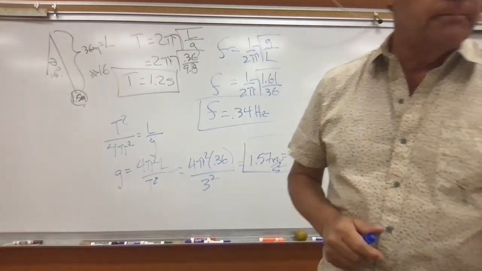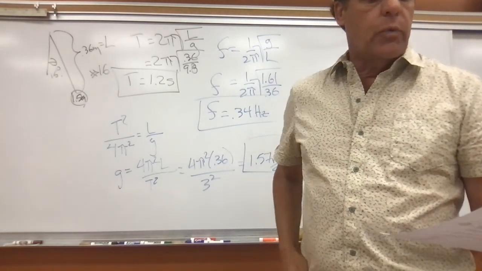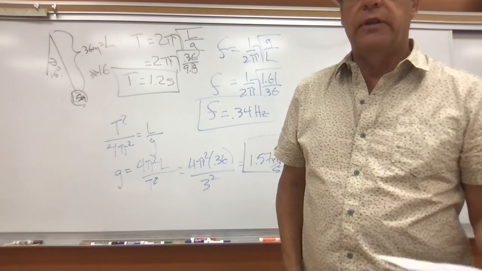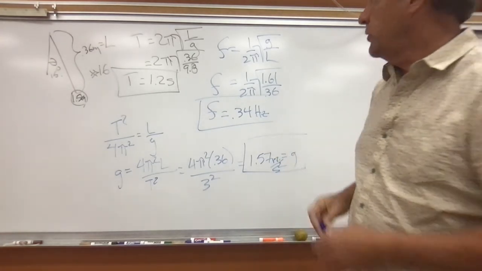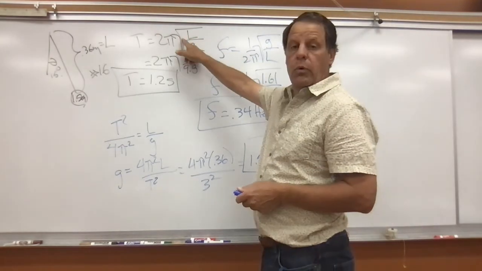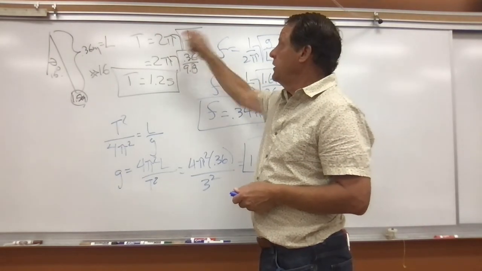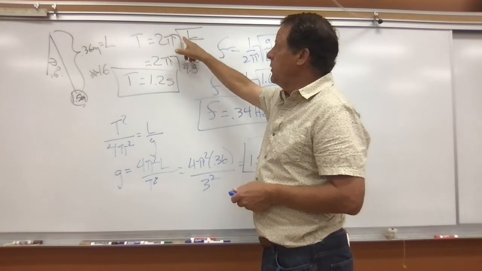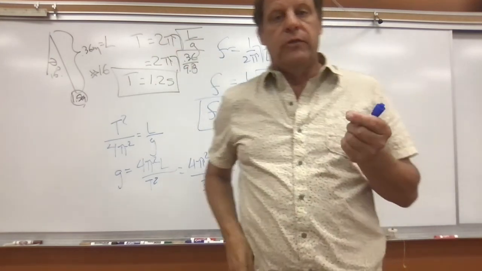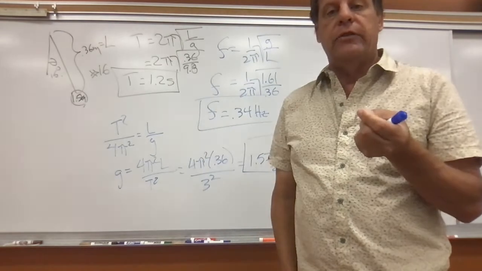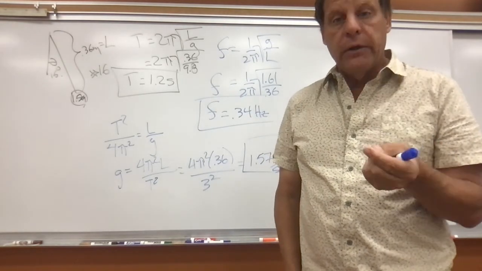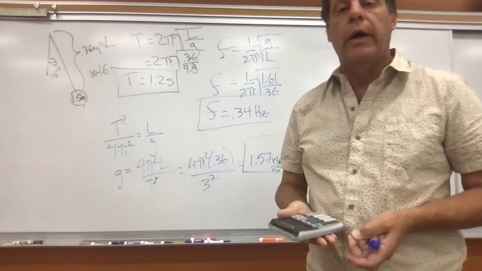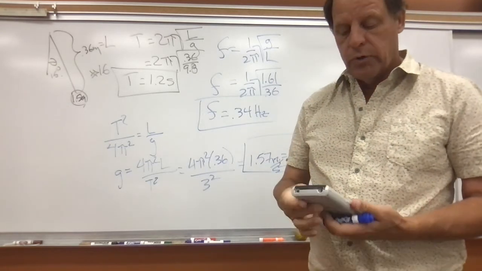All right, now back on Earth, what would the period be if the length of the pendulum was doubled? If the length of the pendulum was doubled, now we're seeing an effect. And so essentially what's going to happen is if we doubled the length and we take the square root of it, that means that the period is going to increase by a factor of 1.41, okay, which is the square root of 2.